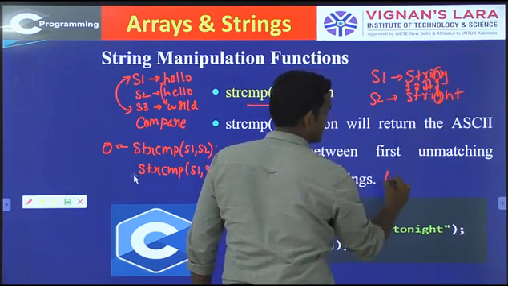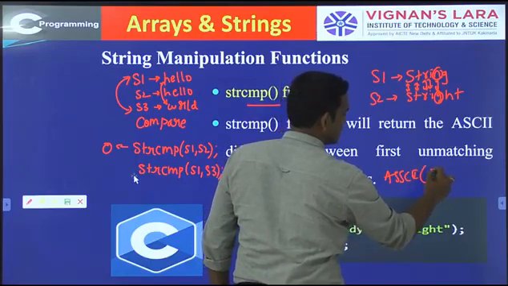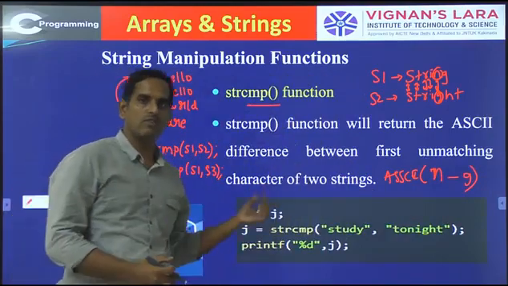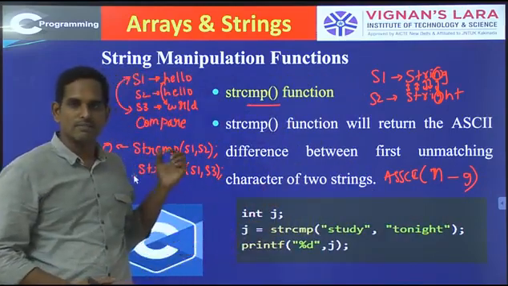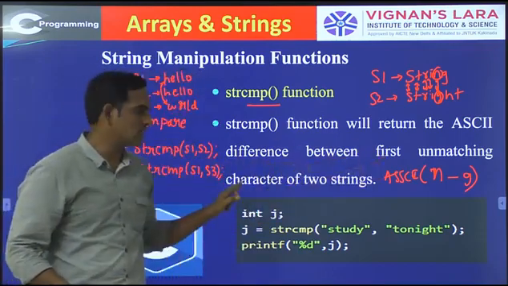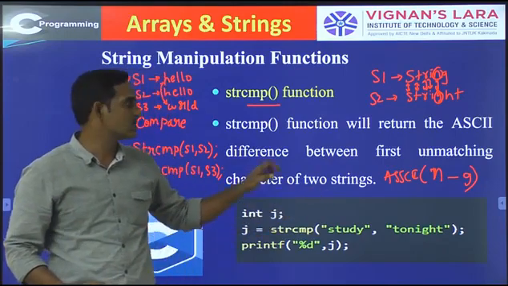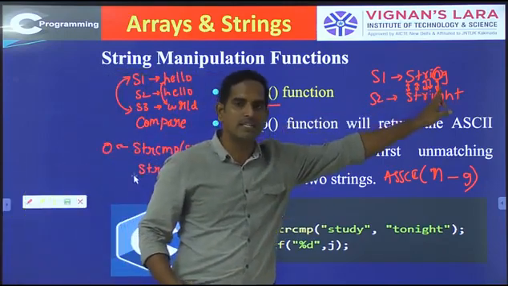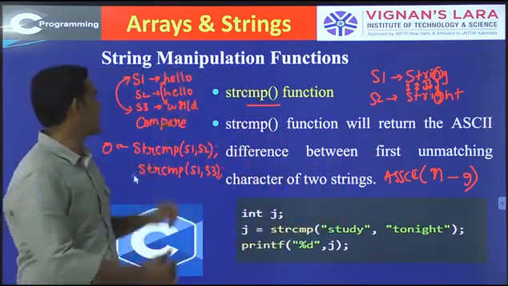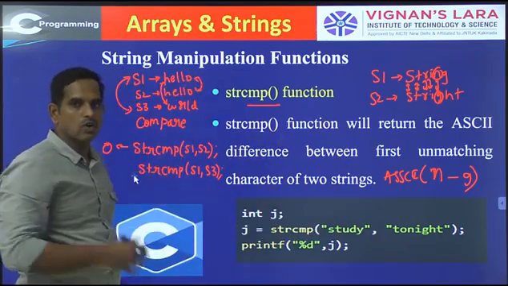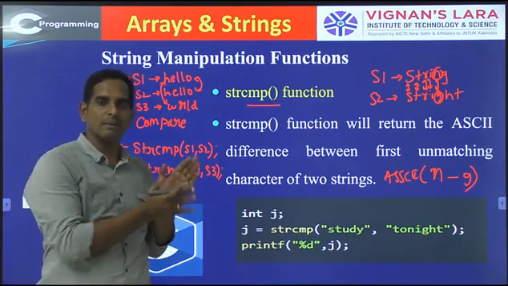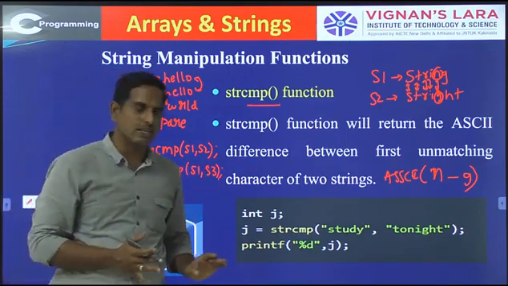It will take the ASCII of N and the ASCII of G, and whatever that difference is, that value will be returned by your string compare function. It will find the first non-matching characters in the strings and return the ASCII difference. And if there is no non-matching character, at that time it will return 0. So string compare will compare two different strings and give the result in this manner.